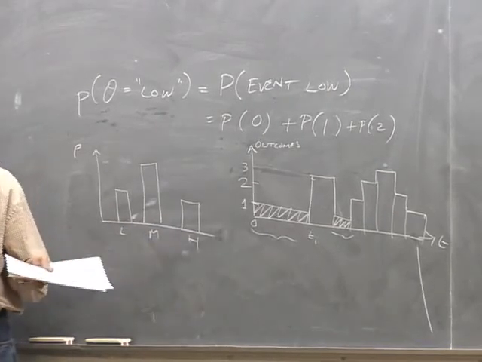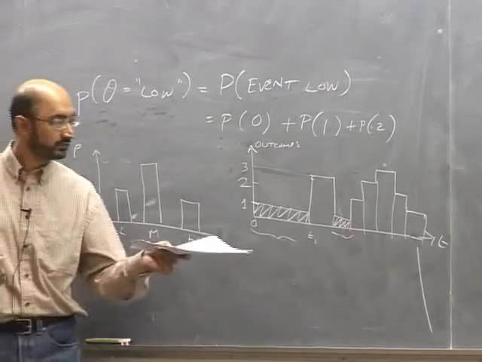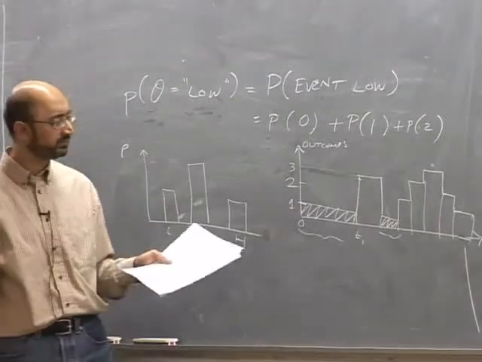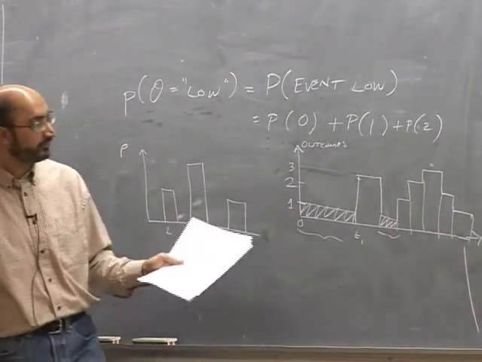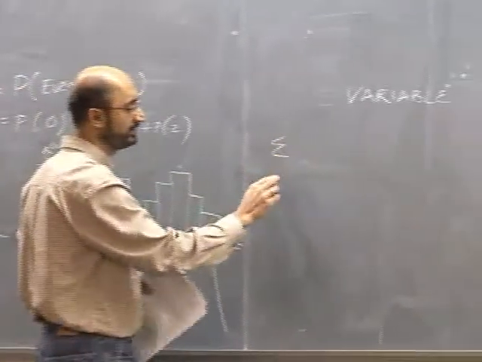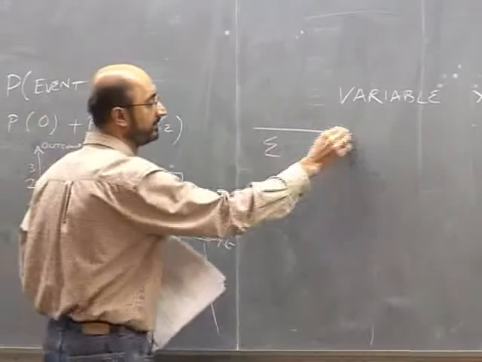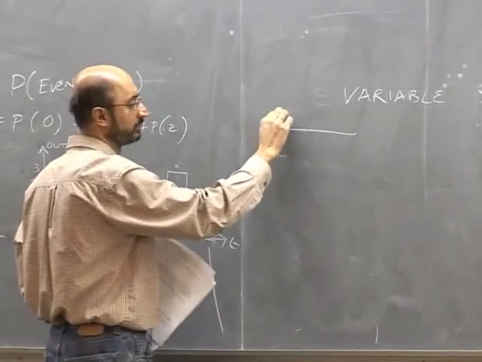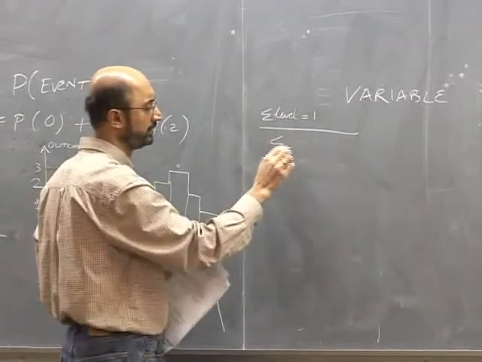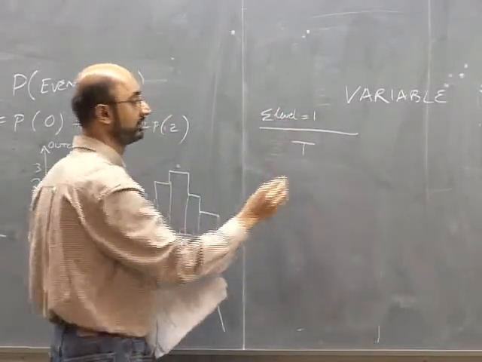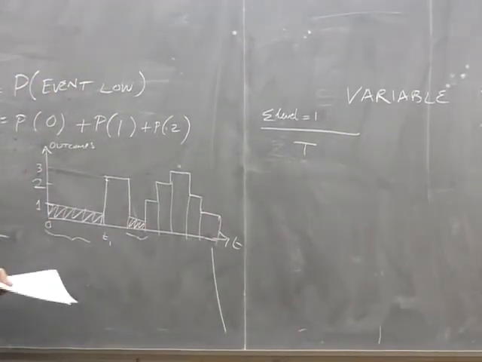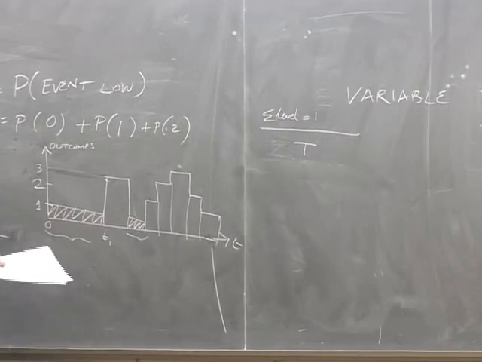And so what we have to do to compute this discrete probability distribution is to figure out all the times that the level equals 1. So the sum of all the times level equals 1 over the entire time duration t is going to be the probability of buffer occupancy level 1.